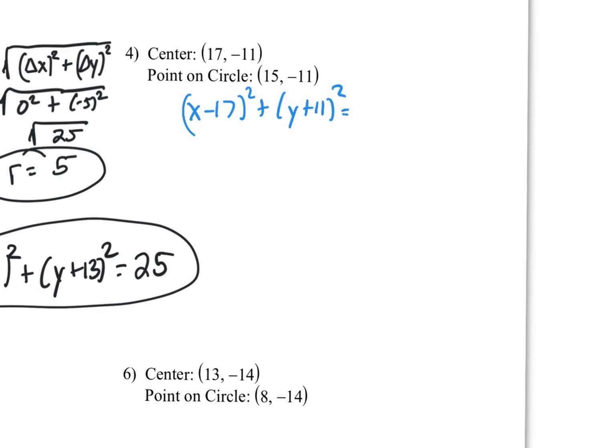Now we just have to figure out what it equals. How much is my x value changing from one to the other? It's going from 17 to 15. How much is it changing? 2. So we're going to take 2 and square it. Plus, how much is my y value changing? 0. 2 squared is 4. Square root of 4 is 2. So my radius is 2.